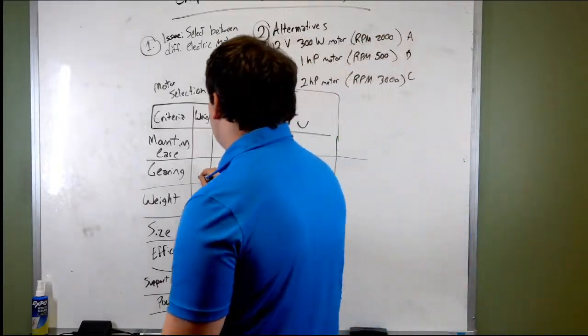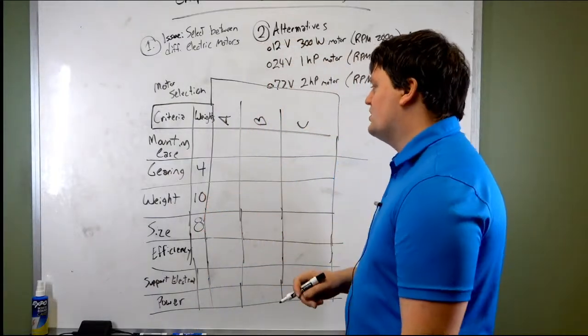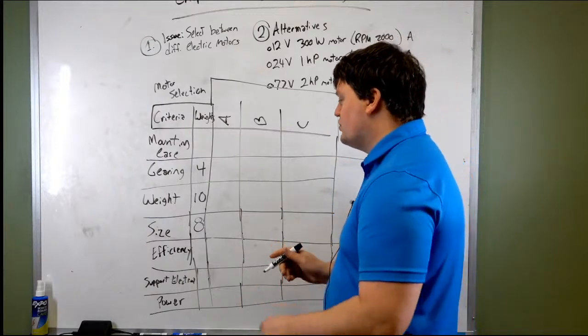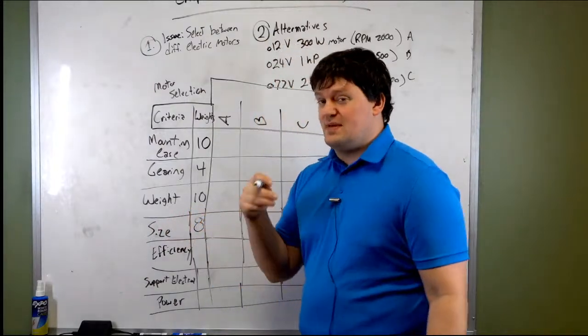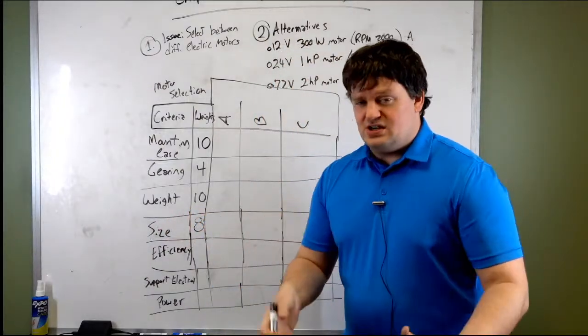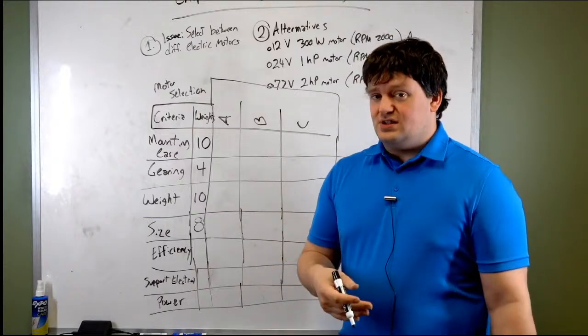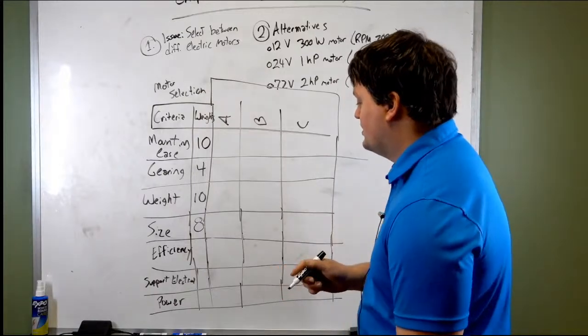I'm going to go ahead and put that as a 4. It's a lot less than the 10, but it's still important. Ease of mounting, I'm going to say that's probably just as important as your weight, because if it's mounted well, it'll be secure, you'll be able to handle all those forces. It is really important, but maybe not necessarily the most important.